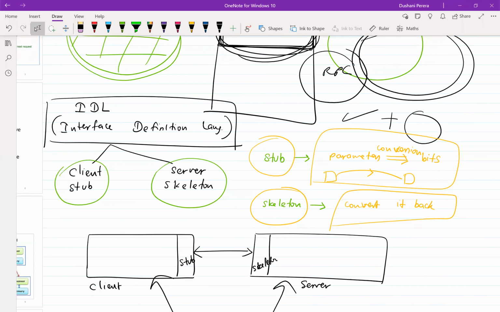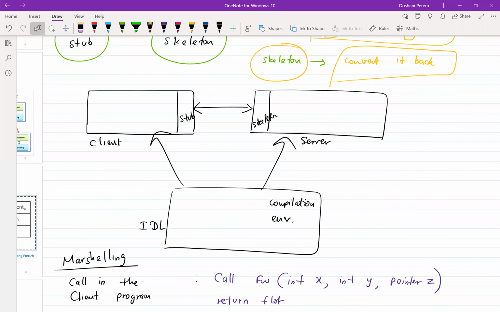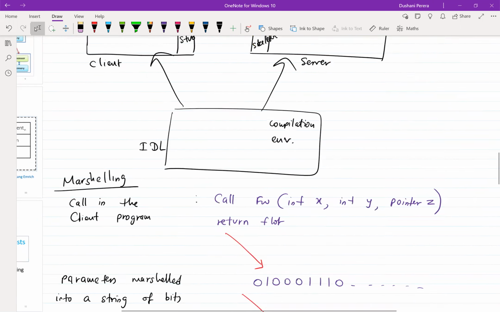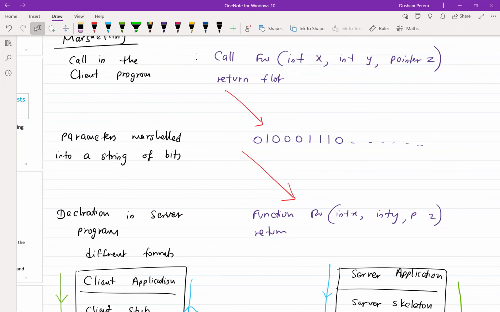So we came up with the architecture where IDL generates a stub and skeleton, and then they establish a connection. So we took an example for marshalling, how it happens, the assembling and the deassembling, we discussed that.